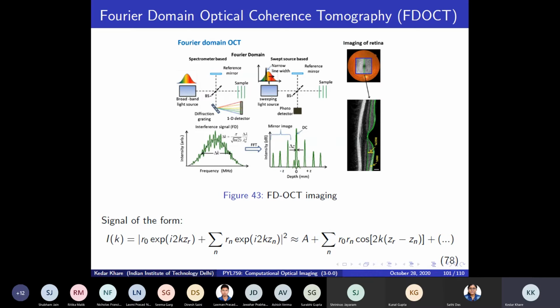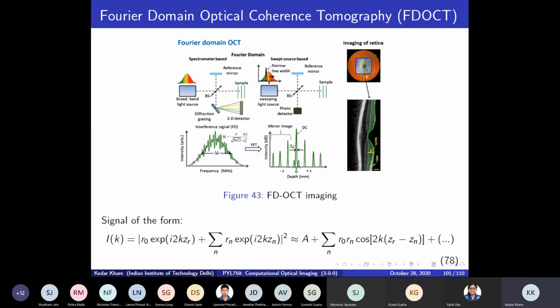Again, the path is traveled twice, and this gives an interference pattern. Since this is a broadband source, you send this pattern onto a grating and disperse it, so at different points on the detector you get the interference corresponding to a different wave number k. This interference signal on the detector is a function of k, or wavelength.